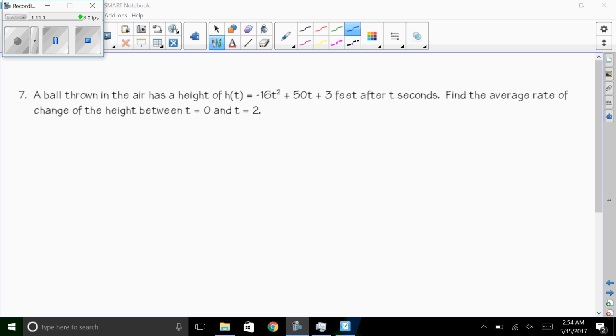Moving on to number 7. A ball is thrown in the air, and the height of this function is in feet after t seconds. Find the average rate of change. So just like we've been doing in the past, plug in 0 for t.